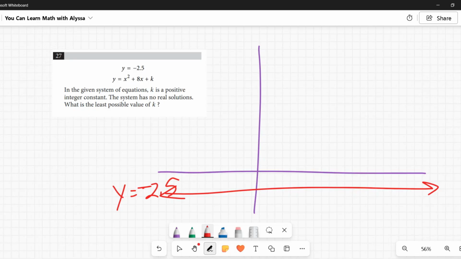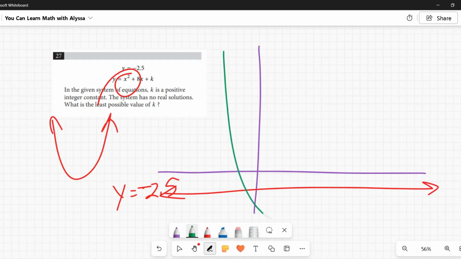And I know that y equals x squared plus 8x plus k, that positive x squared tells me it's a parabola opening up. Now they also tell me the system has no real solutions. They don't cross. When you have a line and a parabola, there are three options. There could be two solutions, where it goes like this.